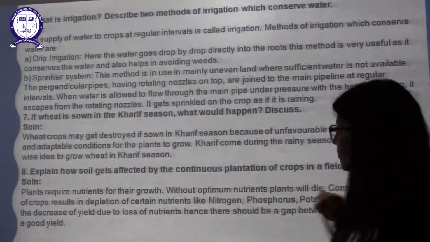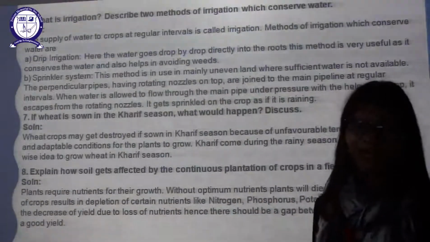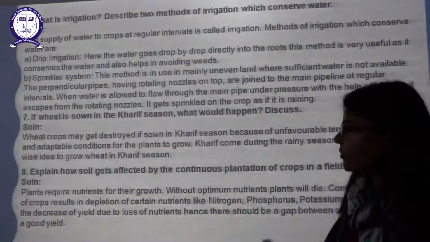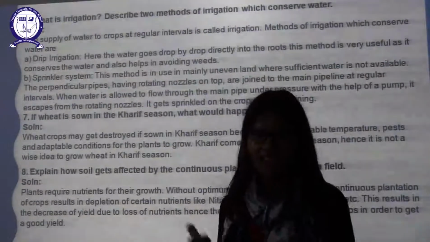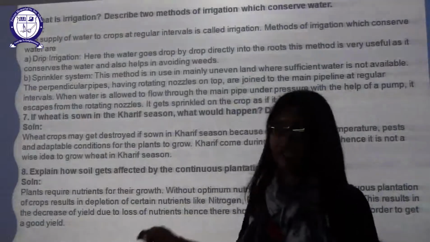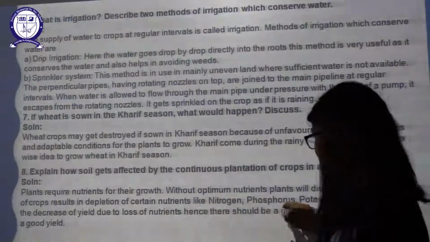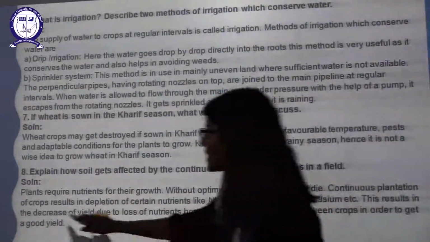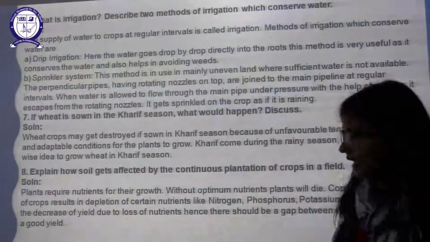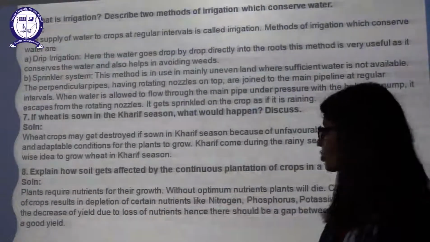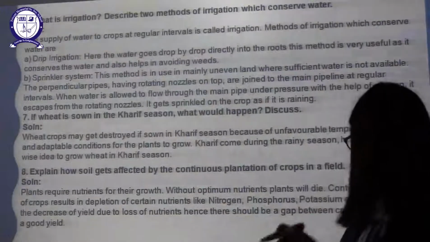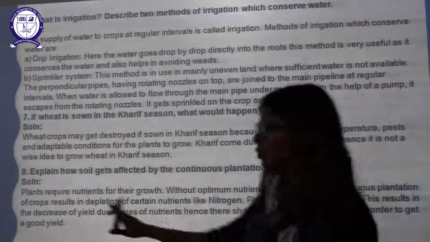These are the nutrients essential for the growth of any plant. If we keep on growing the same crop again and again, it will deplete your soil of these nutrients. This results in a decrease of yield due to loss of nutrients, and hence there should be a gap between your crops in order to get a good yield.